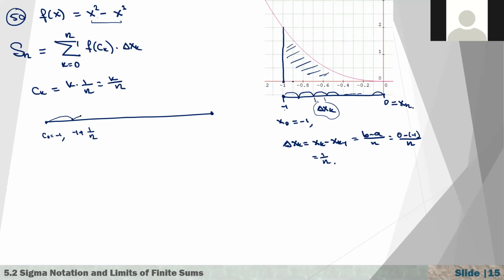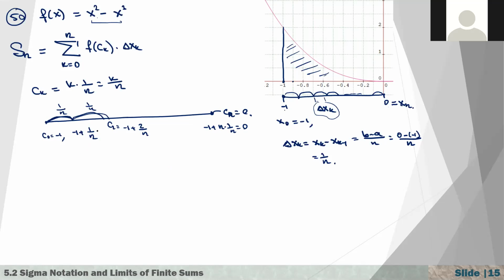And how about the second one? This one is c sub 2, that is negative 1 plus 2 times 1 over n, because each jump is equal to 1 over n. The length of the jump is 1 over n. And the last one will be negative 1 plus n times 1 over n, that's equal to 0. So this one is c sub n, that's equal to 0.